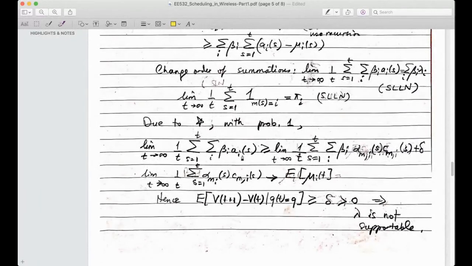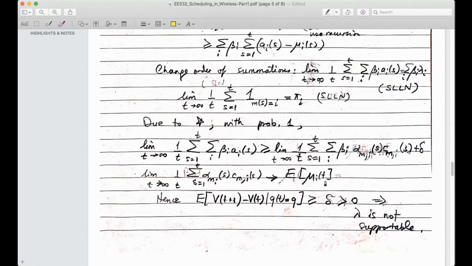this limit can be upper bounded by beta I, alpha mi, cmi, summed over all users, summed over all time and averaged out, plus some positive number. But again, using the law of large numbers, this fraction converges to the expectation of the service mu I of t.